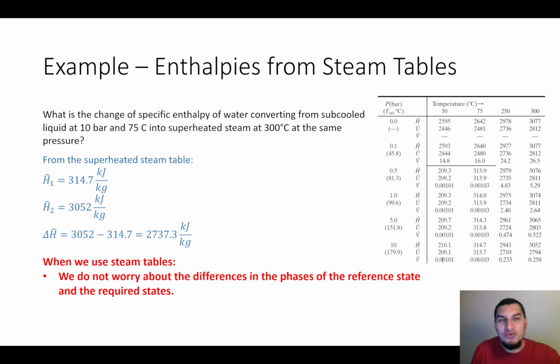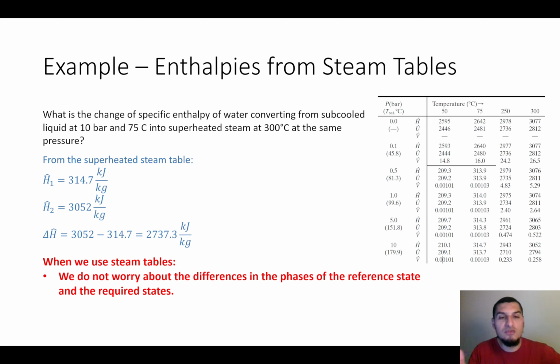So you need to appreciate what the steam table is offering for us. The steam table is giving us the enthalpy data ready to be used, which is a very big time saving, because you can just pick up the numbers from the table and use them directly without worrying about anything. This is a very big advantage of using the steam tables, and we will see how this makes a lot of difference when we do the calculations for other materials.